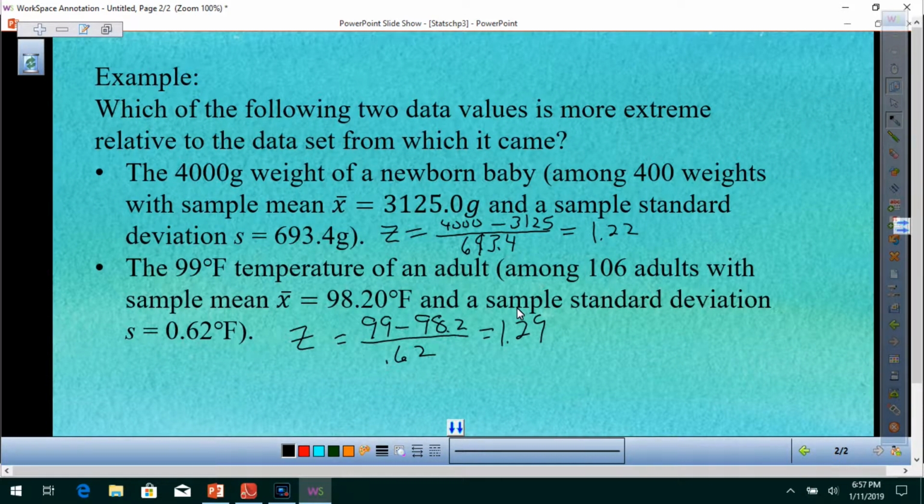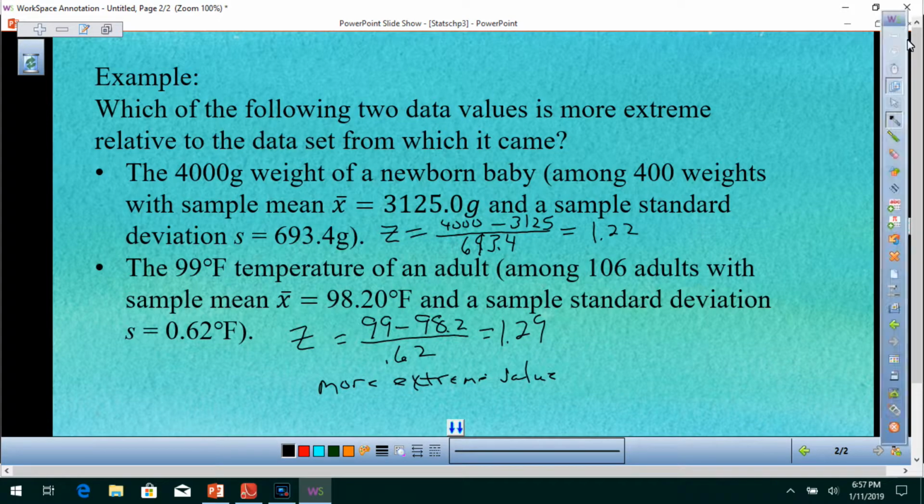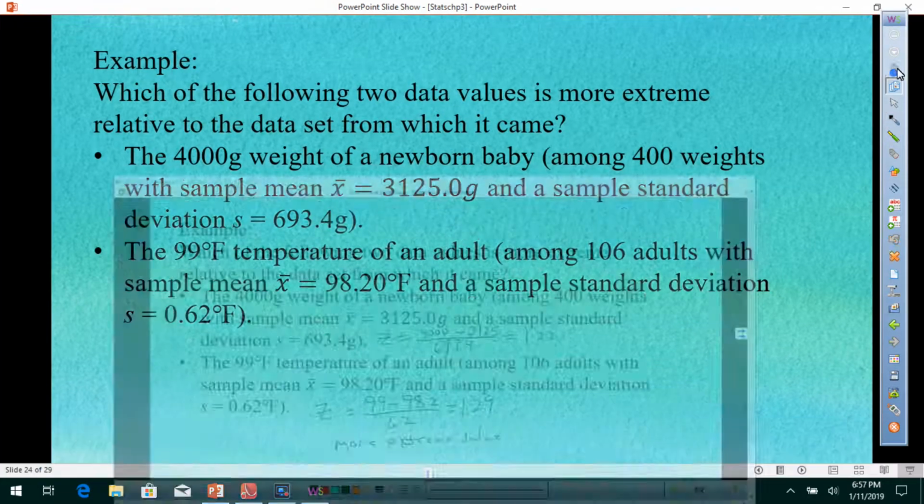Because the body temperature is further above the mean, it is the more extreme value. All right, that's not too hard.